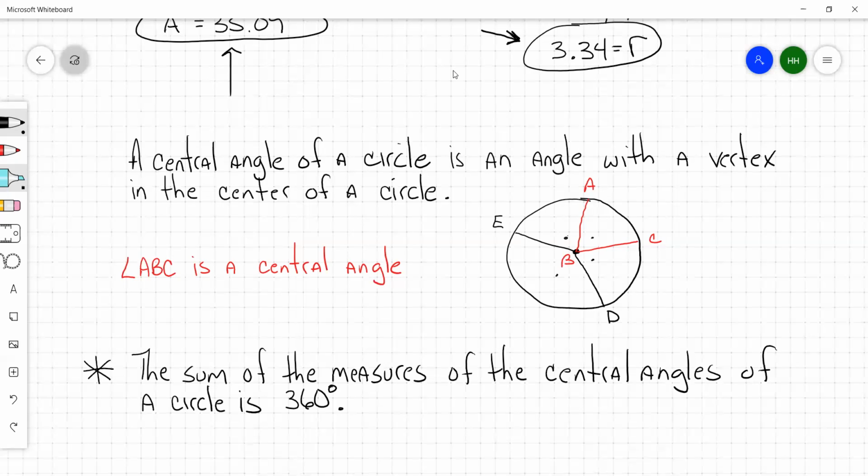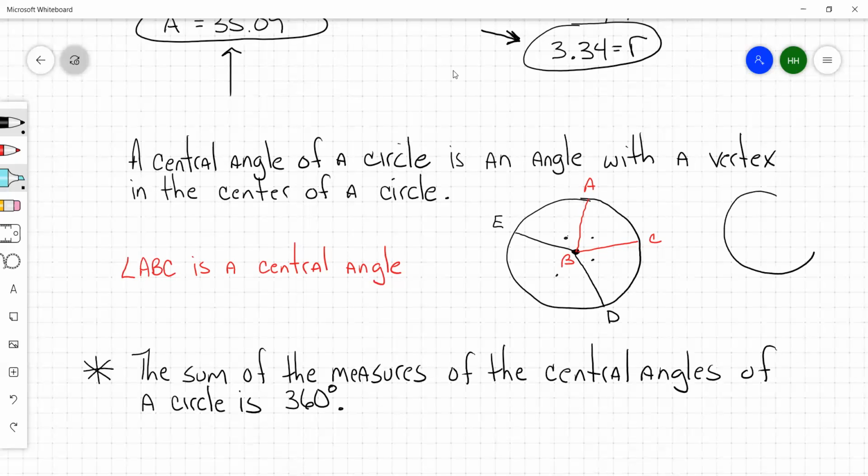Those 4 angles form a circle, don't they? They form a circle around the center of this circle. So those 4 central angles have to sum 360. It doesn't matter if there's 40 central angles in a circle or if there's 2. All right, they've got to sum 360.